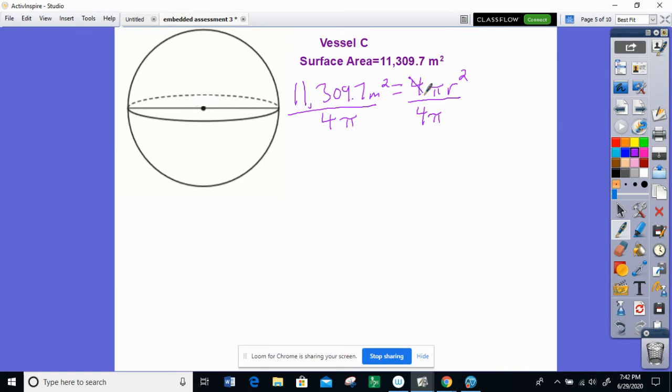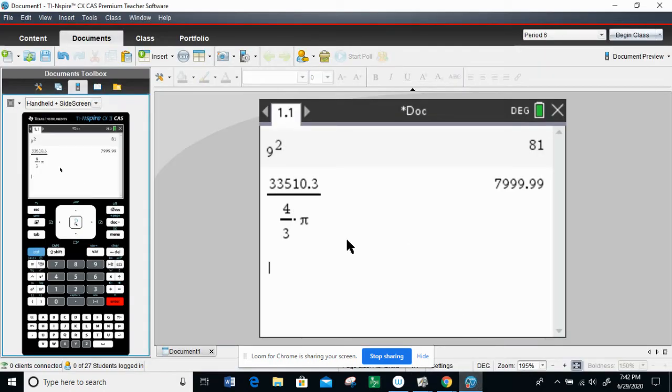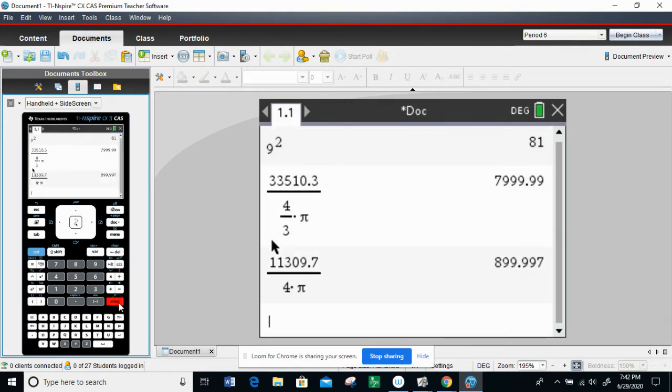So those cancel out. And what do we have left over after we do that? Well, let's use our handy dandy calculator to help us figure that out. 11,309.7, again, we're going to divide using parentheses, divided by 4 pi.